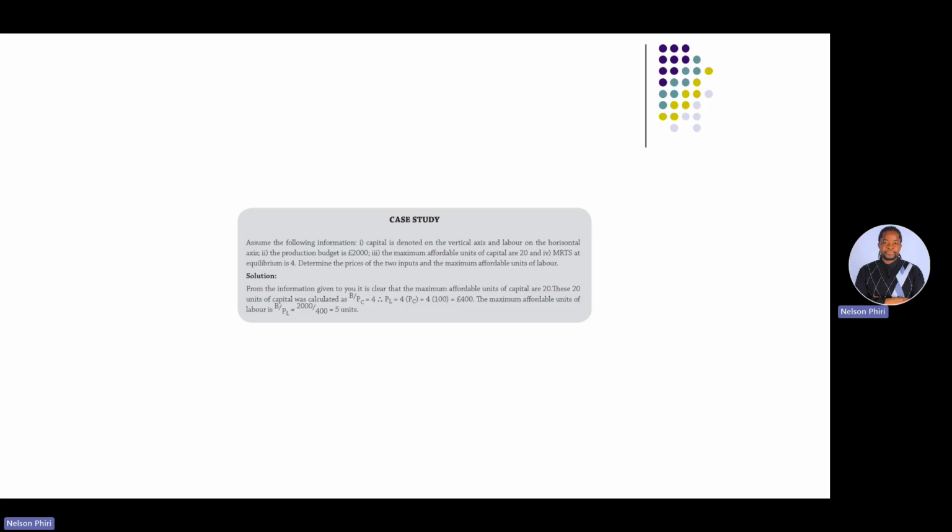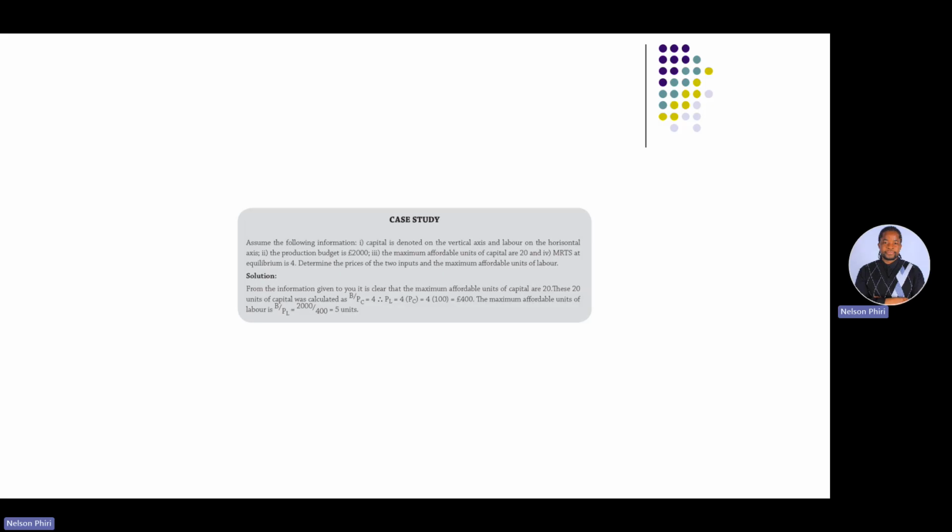You're also told that the maximum affordable units of capital is 20. So if you take your 2,000 and divide by 20, you get that the price of your capital is 100.